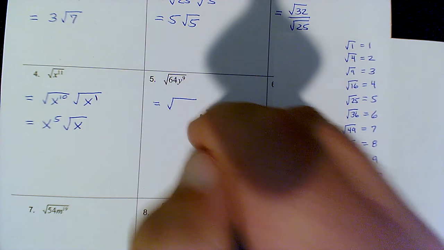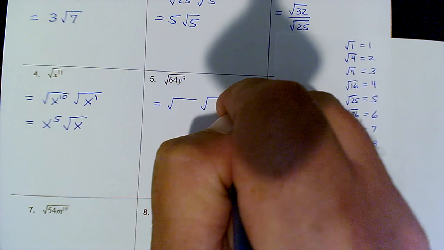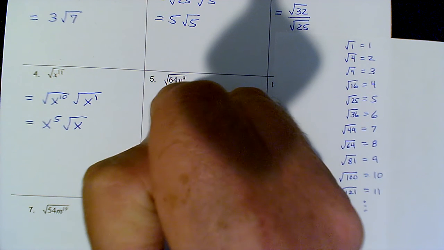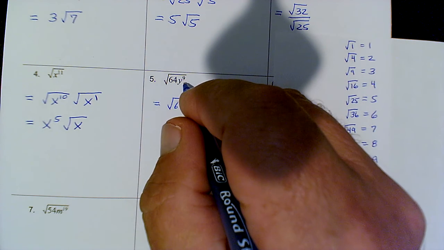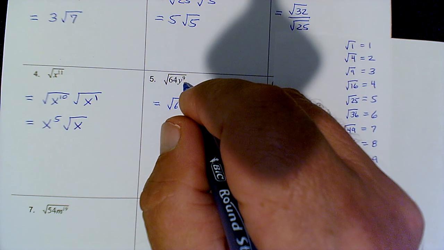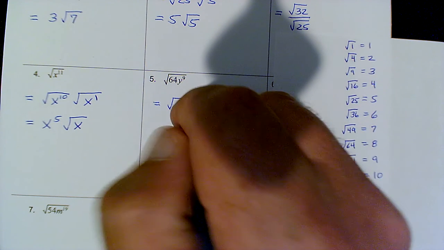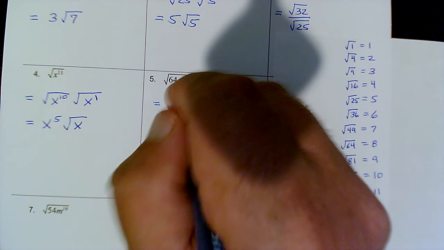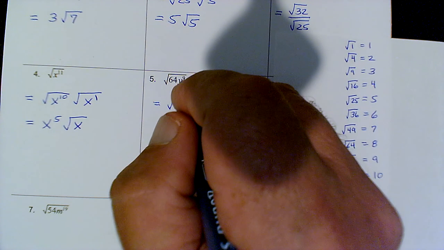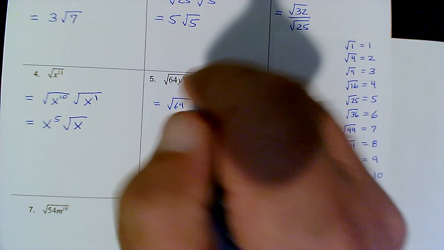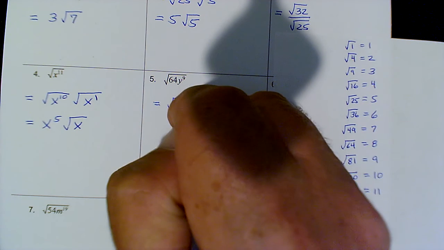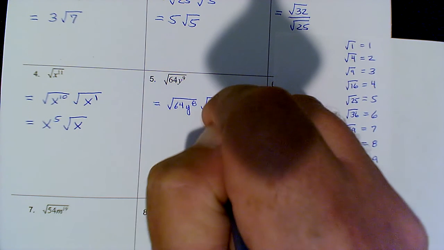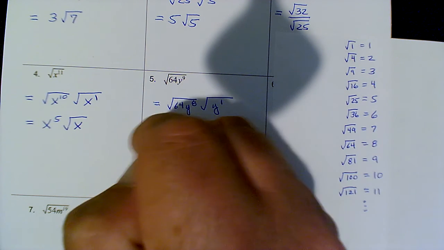So 8 of them, and that leaves 1 left over. So then the square root of 64, y to the 8th, here's where I'm going to skip a step. Square root of 64 is 8. Square root of y to the 8th, divide the exponent by 2, we get y to the 4th. And then the square root of y to the 1st is left over. And you could just write that as the square root of y. Okay, moving on.